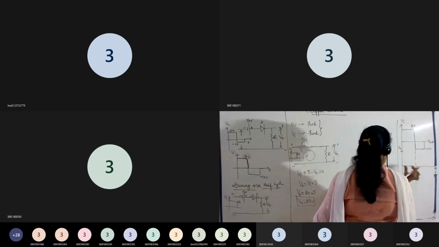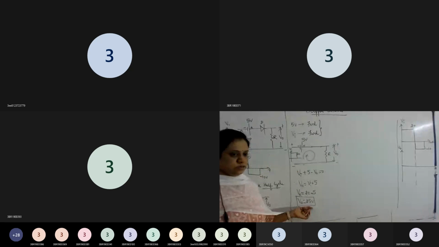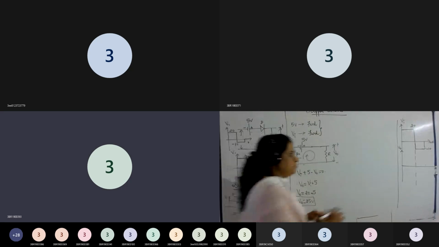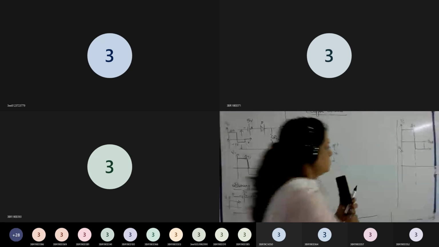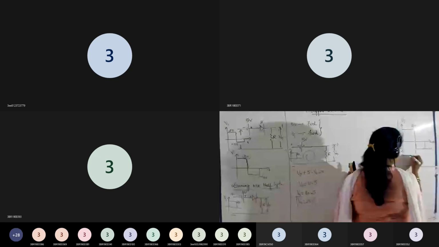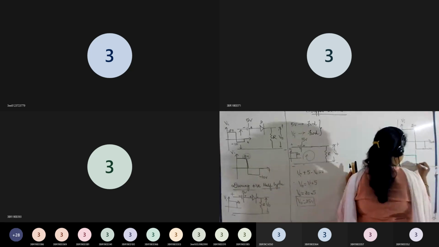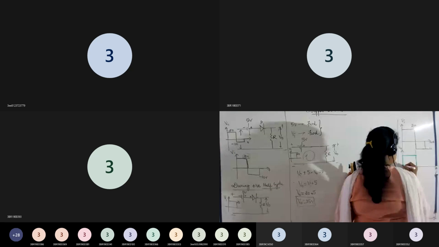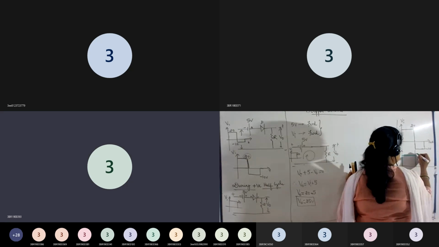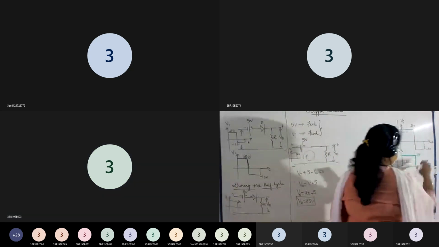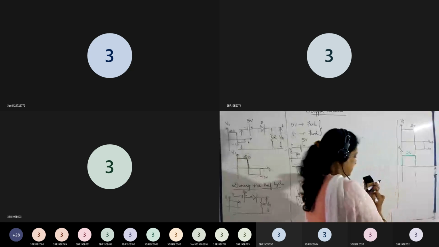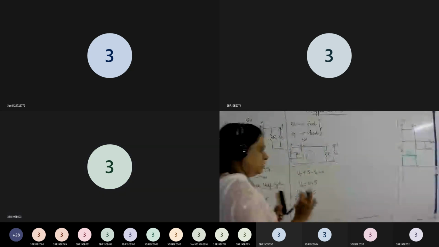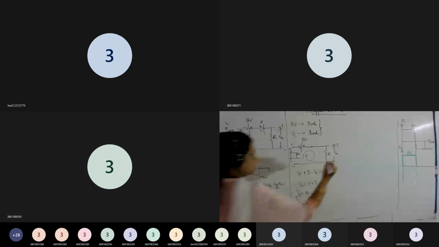During positive half cycle, how much have we got V naught? 25. This is 20. Positive half cycle, you don't have any doubt, I think.